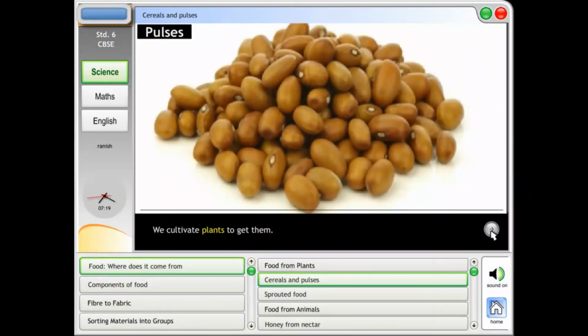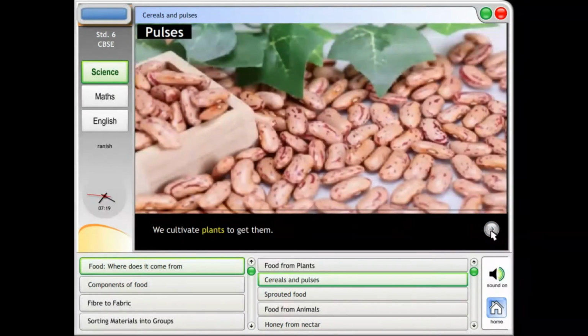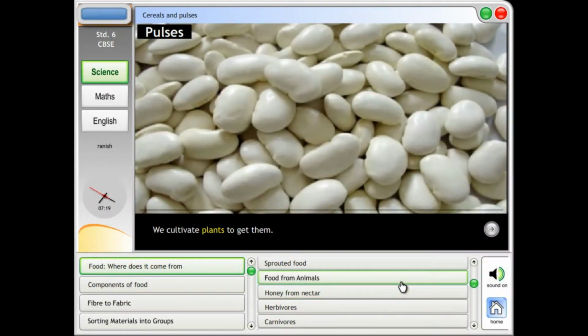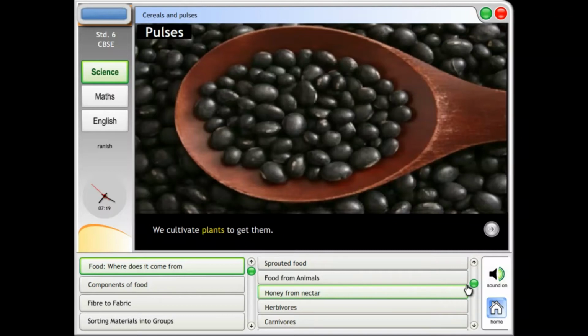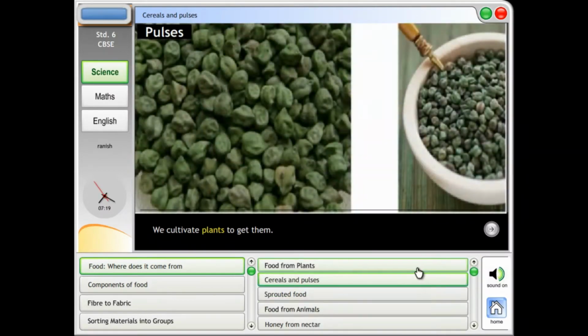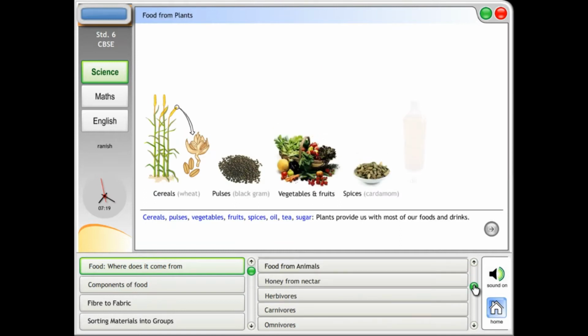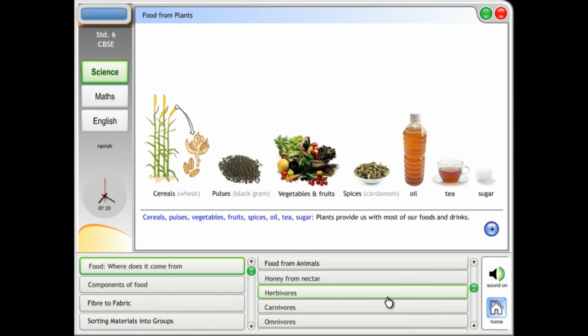We cultivate plants to get them. Food from plants: cereals, pulses, vegetables, fruits, spices, oil, tea, sugar.